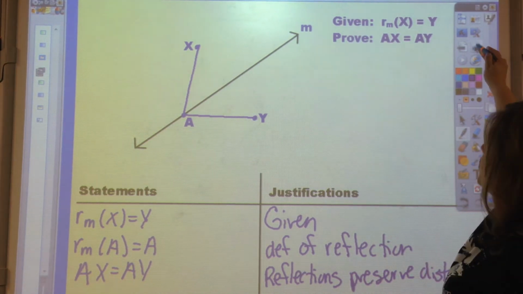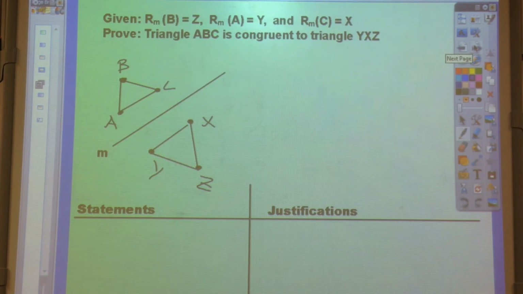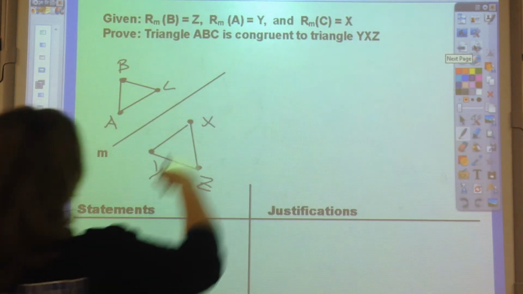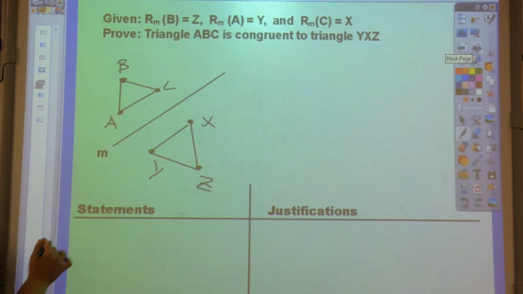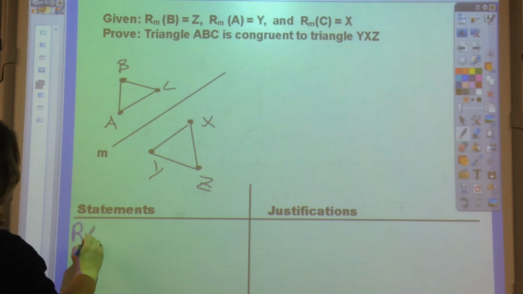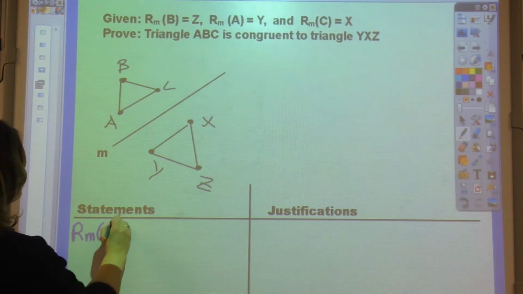All right, let's try one more together. If I am given these reflection pieces and I need to prove that triangle ABC is congruent to YXZ, I want you to think about how we're going to do that. I'm going to start by writing my givens while you're thinking.